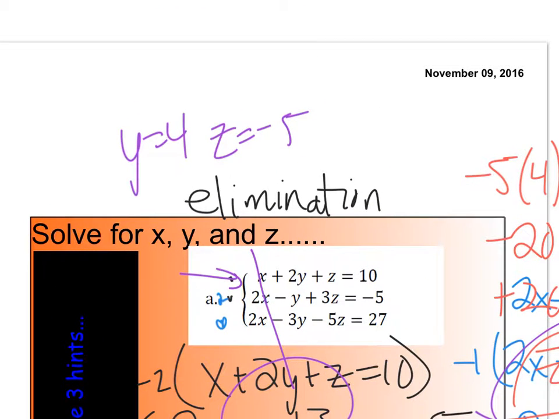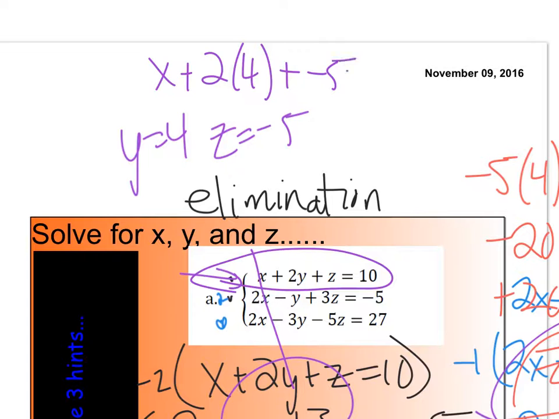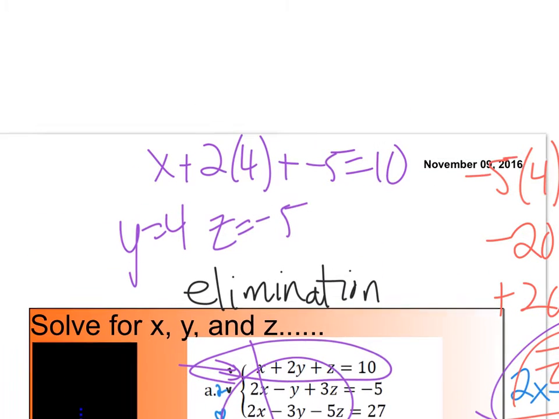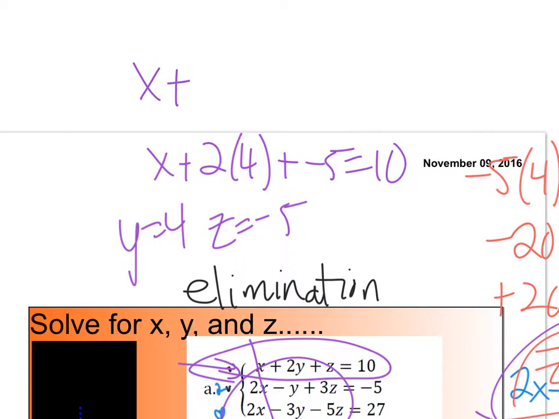So that means if I take this statement, I'm going to have x plus 2 times 4 plus a negative 5 equals 10. So this becomes x plus 8 minus 5 equals 10. So that means x equals 7.